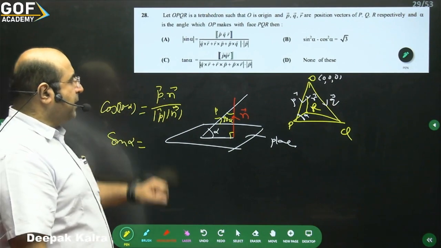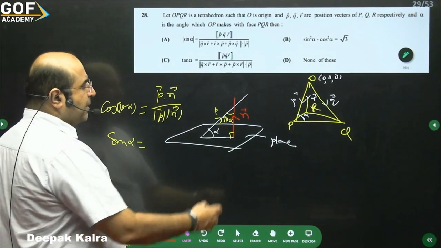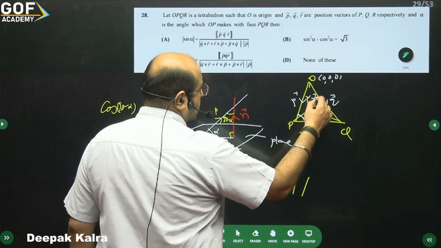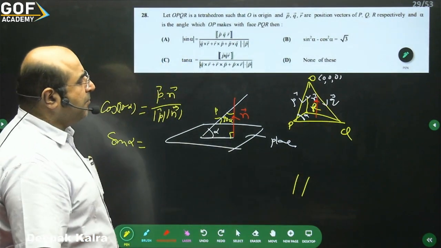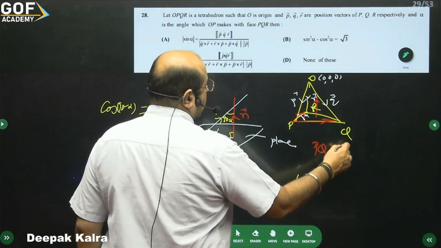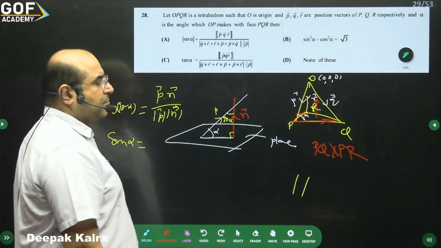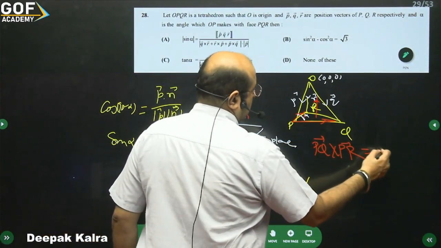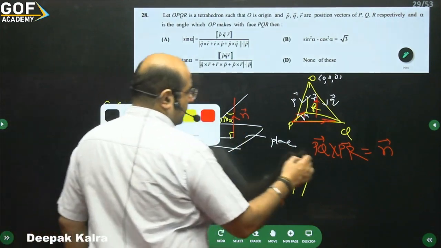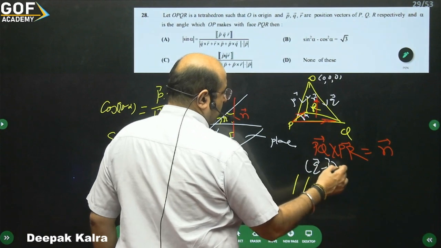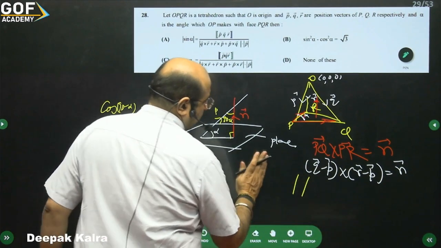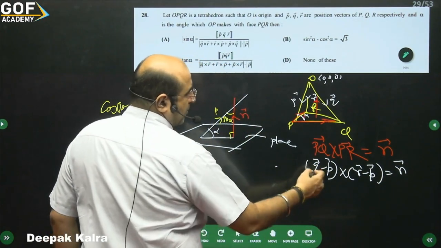So we have to just get n. N only the criteria. N is normal to this plane. So normal to this plane stands for I want this. So that can be obtained as PQ cross PR, right? Is my n vector. PQ is nothing but Q minus P cross R minus P. Open it up.